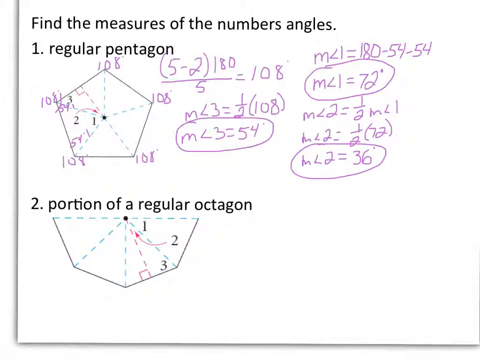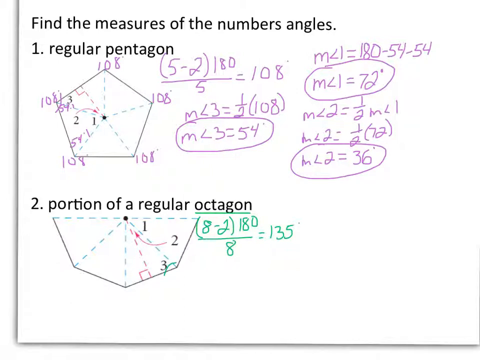Okay, let's look at number 2. So a similar problem. It says we're given the portion of a regular octagon. So remember, an octagon has 8 sides. So first thing, let's find the measure of each interior angle. So 8 minus 2 times 180, and then divide by 8. So each interior angle is 135 degrees.